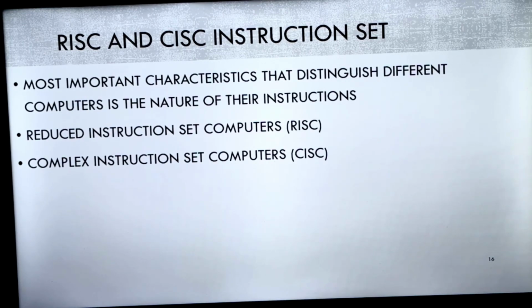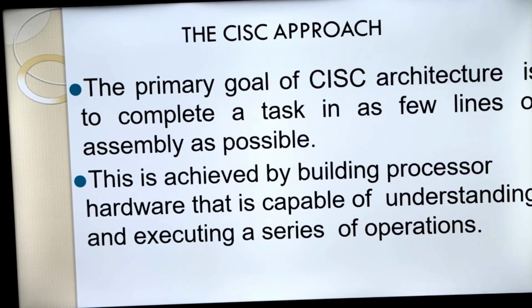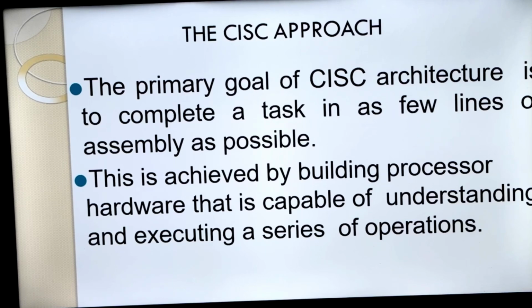Fine. So what is a CISC type of computer or CISC type of instructions? The primary goal of CISC architecture is to complete a task in as few lines of assembly as possible. What did you understand from this?